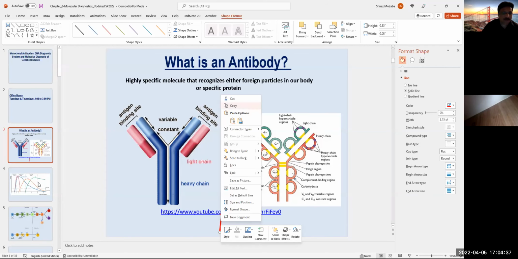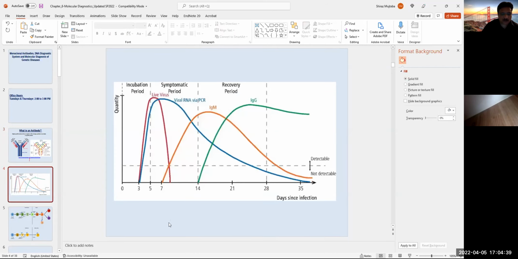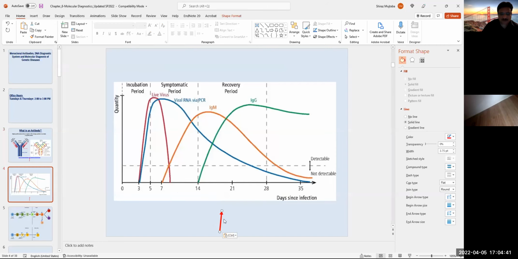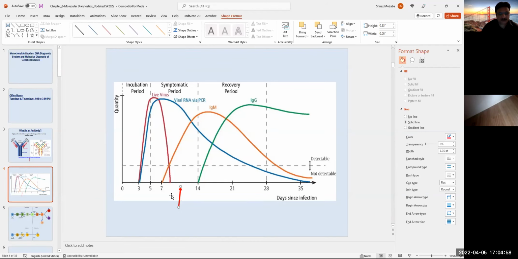And then we move to how a virus infects someone. Traditionally, every virus has its own life cycle, its own plan, and in other words, the immune system has its own way to react to a virus or a bacteria. When a virus enters the body, it doesn't start multiplying right away.